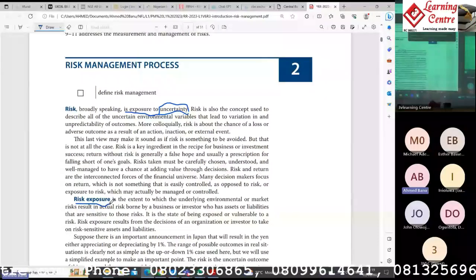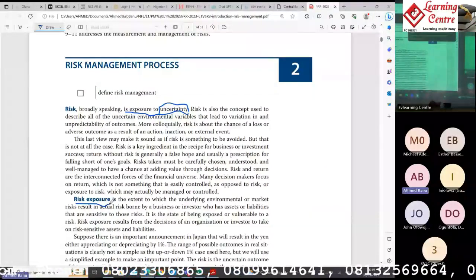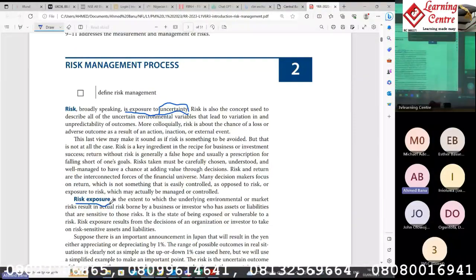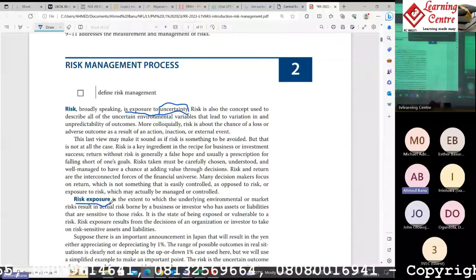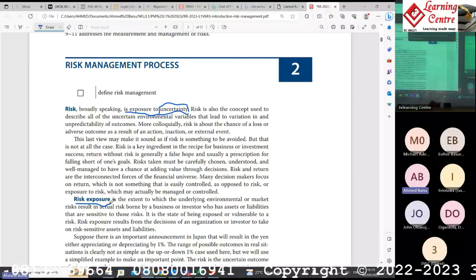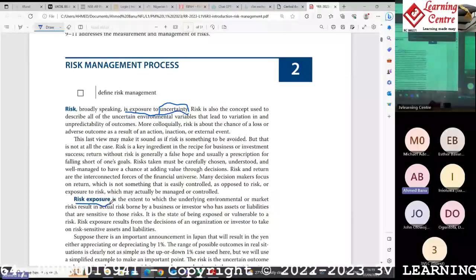So the fact that I have carried out an activity such that if this risk should crystallize, I will be significantly impacted. That level of impact is what we call risk exposure.